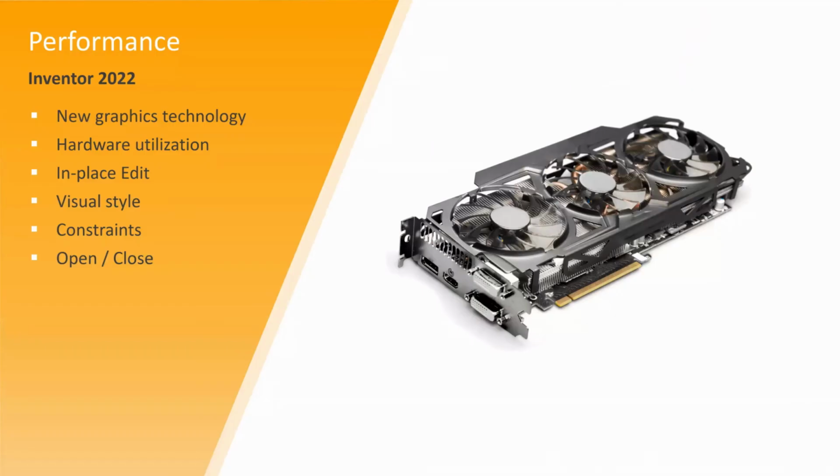This year is no exception to the work that's already been done in the previous releases. The improvements to graphics technology and hardware and utilization of your system resources, etc., has seen some good improvements over this new release. So for those of you who are enjoying editing your parts while working in the assembly, you'll find several performance improvements here.